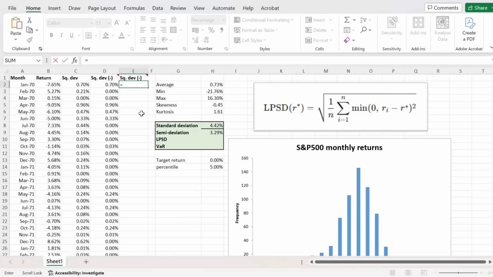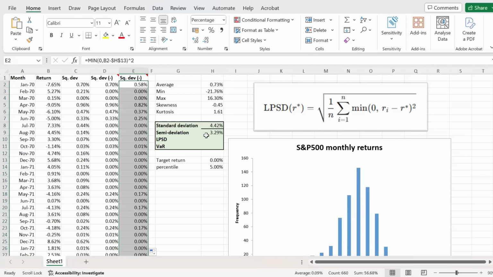So again, it's going to be minimum 0 because we don't want the positive deviations. So we'll look at the deviations from our target return. So I'm going to now fix this cell, okay? And as before, we'll take the square of these and we will extend this all the way down.